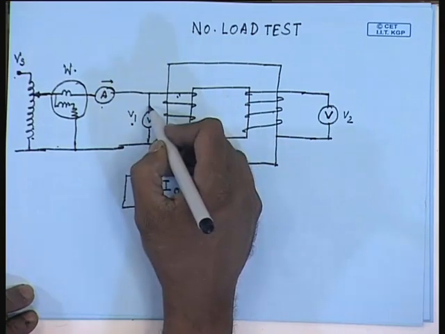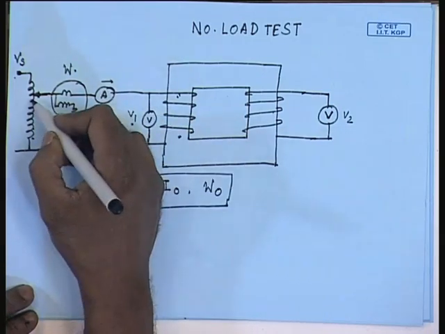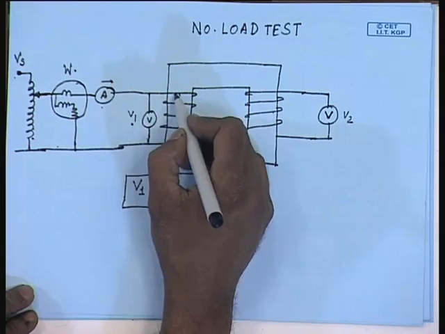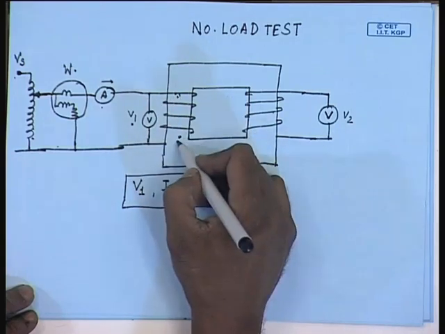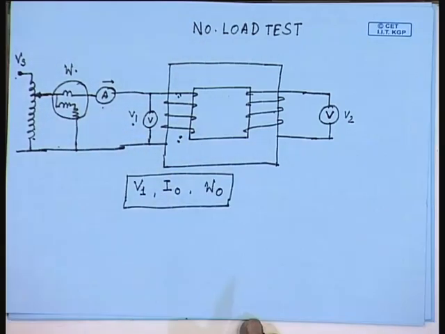So, if this is the HV side, then I will need a variac which can apply the rated high voltage across this transformer, and for high voltages this may be really large, in kilovolts. That is one problem.